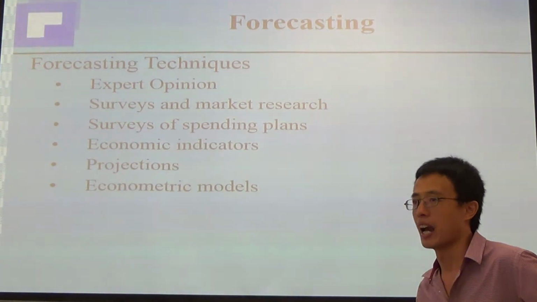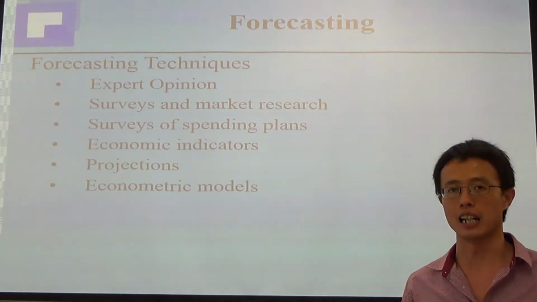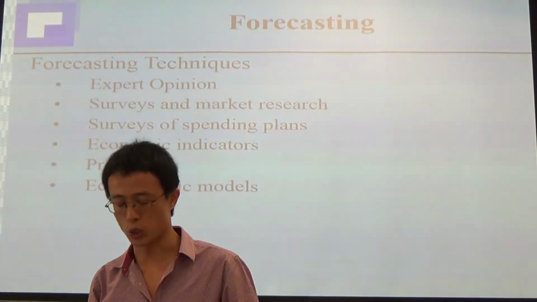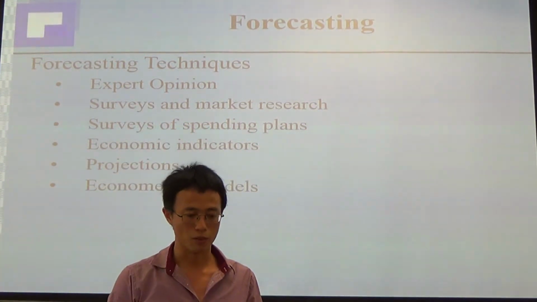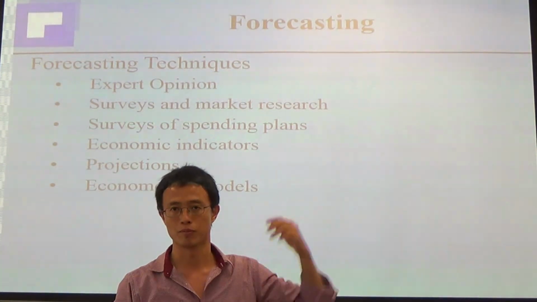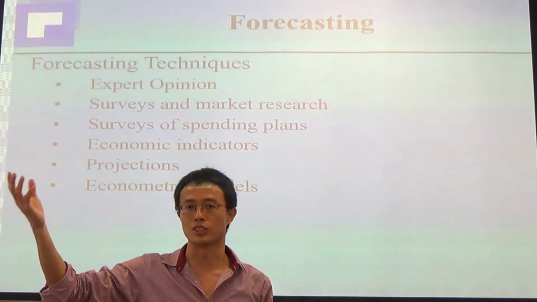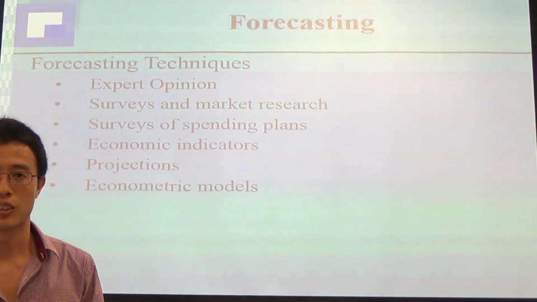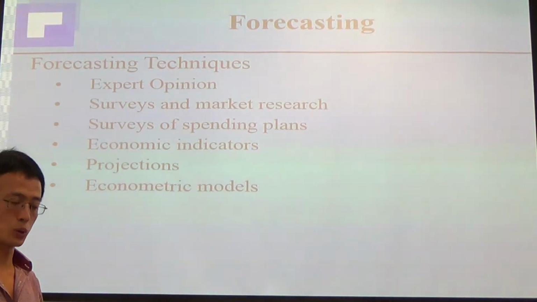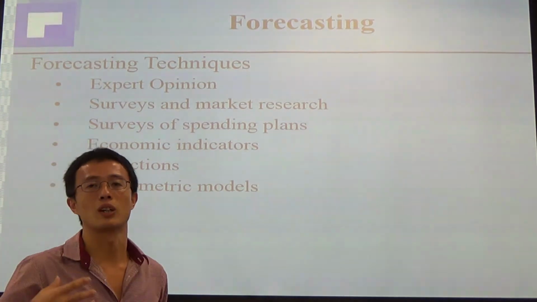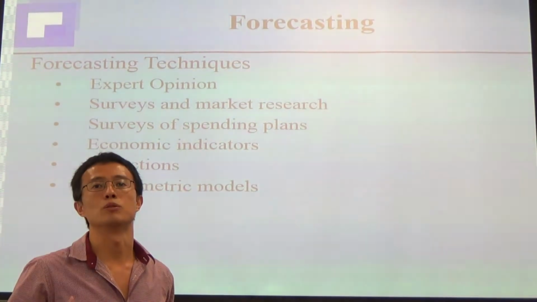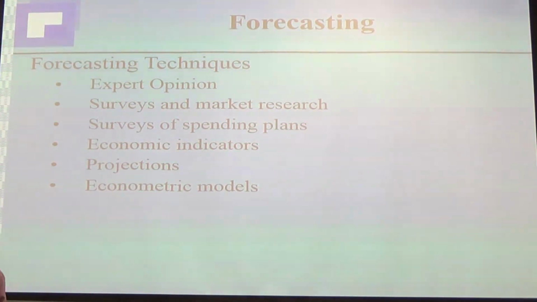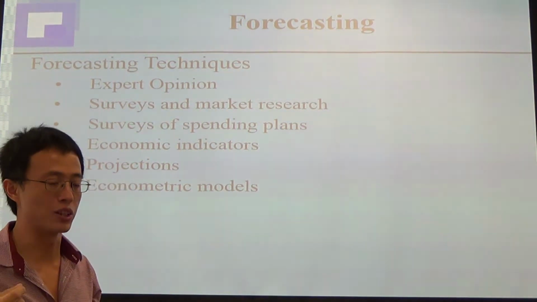These indicators give you an idea of how the macroeconomy is running. So if GDP is growing at 10% and unemployment rate is low at 4%, then you can expect that next year the economy will be doing well, which means your firm is likely to perform well as well. Using these economic indicators, you can have a view into the future.